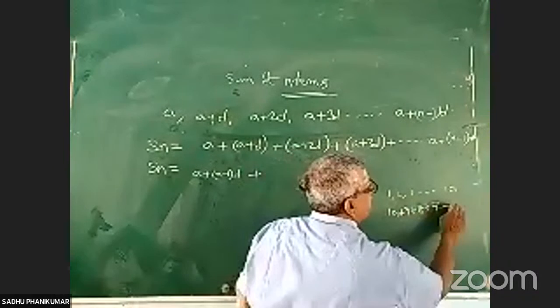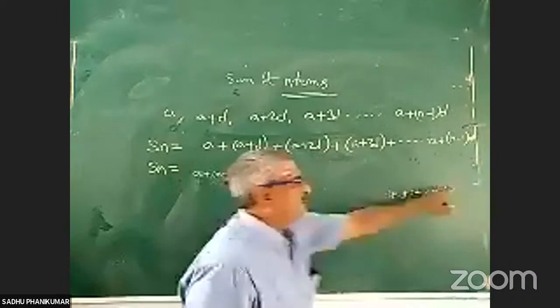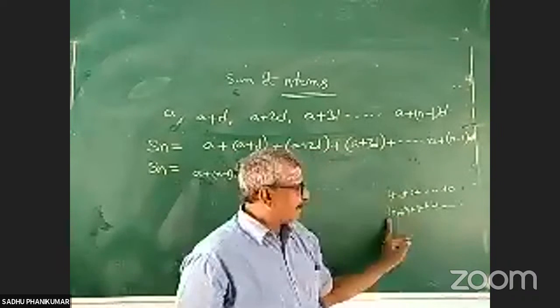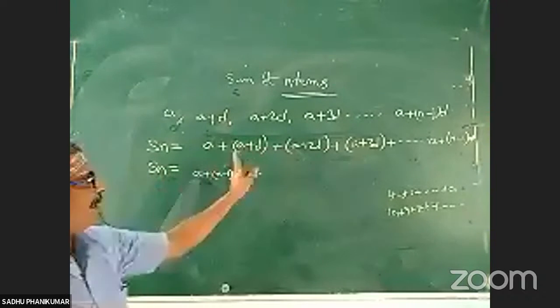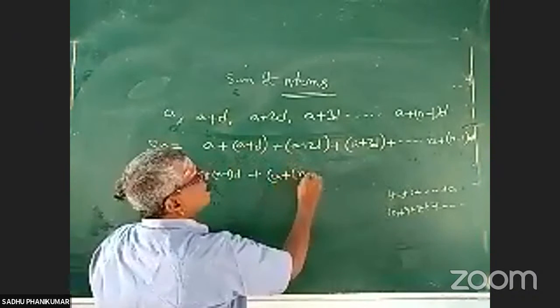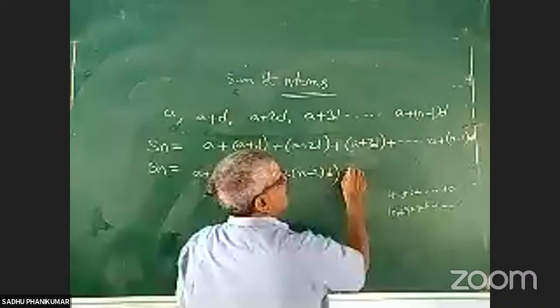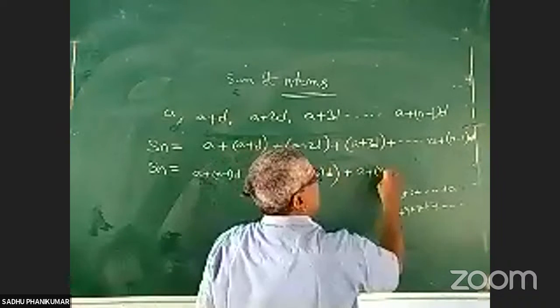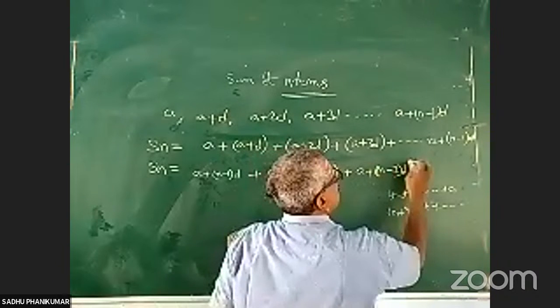This is the first format, and in the second one we write like this. So Sn is equal to a plus n minus 1 into d plus a plus n minus 2 into d, one less, plus a plus n minus 3 into d, and so on, and the last term is a.